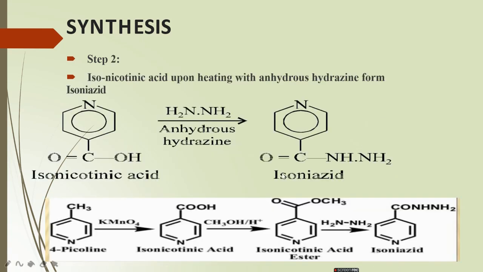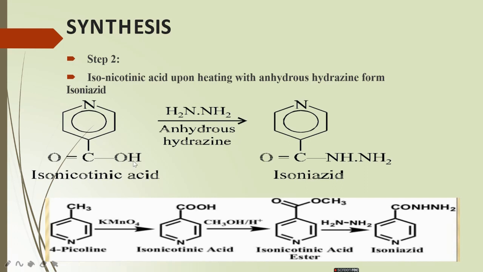Now in the second step, the intermediate which is formed in step 1, called isonicotinic acid, is heated with anhydrous hydrazine, that is NH2NH2. This is the formula of hydrazine. And with heating, this hydrazine reacts with isonicotinic acid.